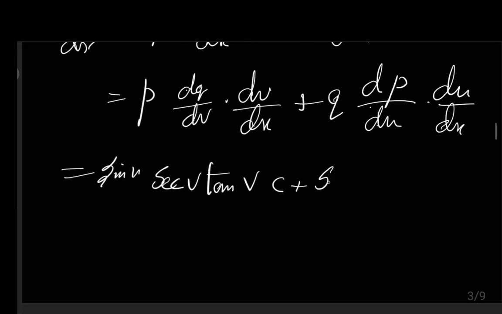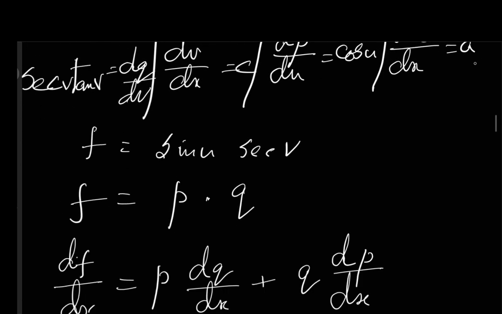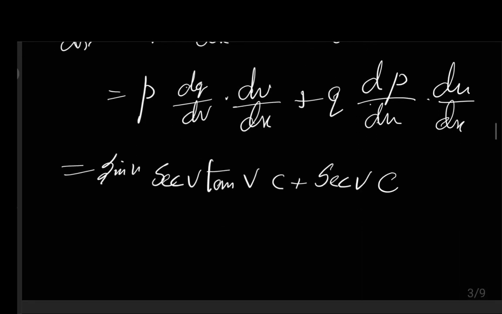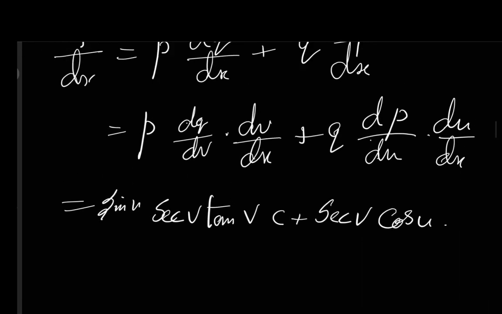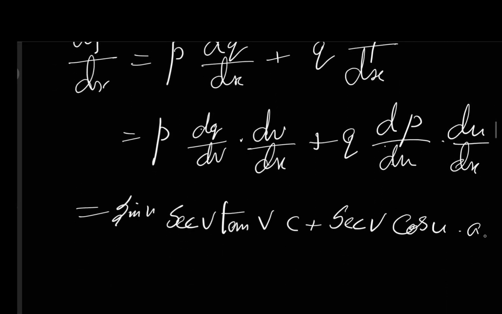So p times dq by dv, which is secant v tan v, times dv by dx, which is c, plus q, which is secant v, times dp by du, which is cos u, times du by dx, which is a.